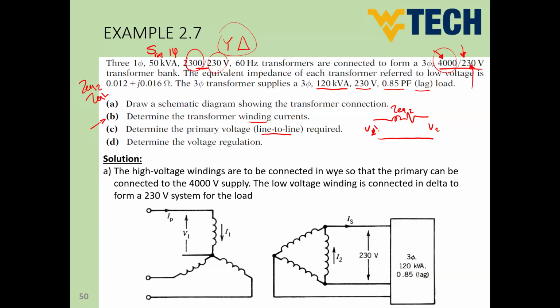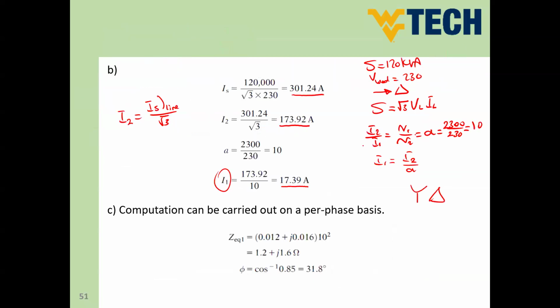After that, find the line to line of the Y connection. Here, guys, the textbook preferred to transfer the impedance to the primary, so it's going to be the same. You have all options. You can use this solution or the other solution. Here in the textbook, he transferred the impedance to the primary side.